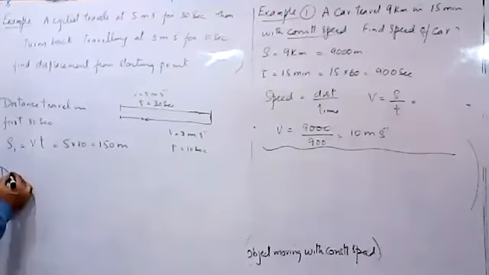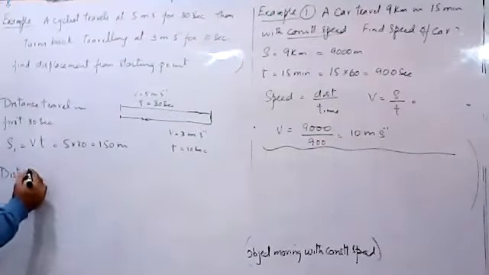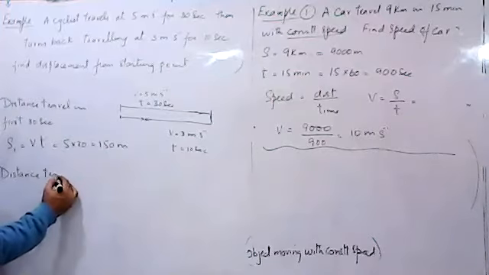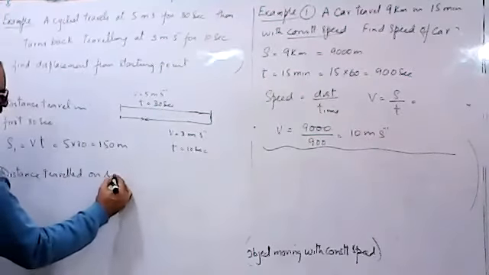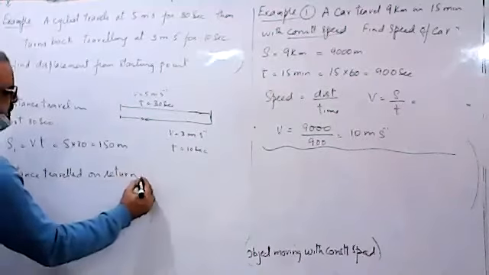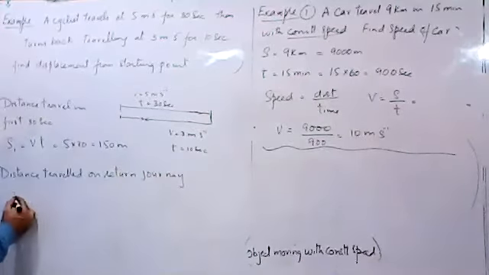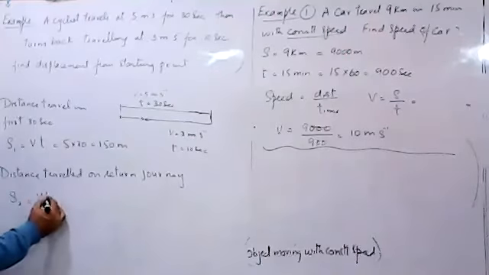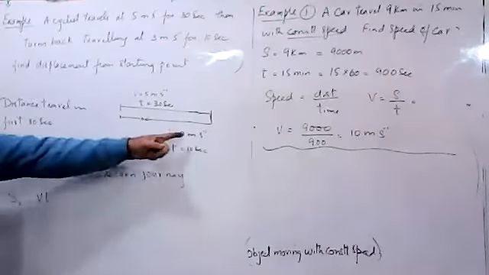Then the distance traveled on the return journey, that is S2, will be again Vt, S is equal to Vt, I'm using because of the constant speed 3.